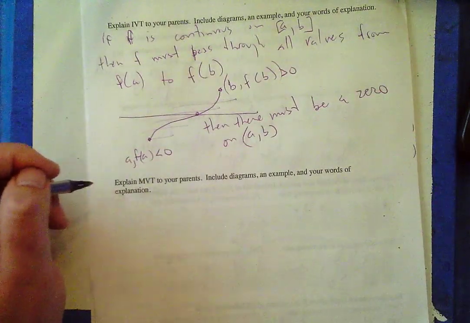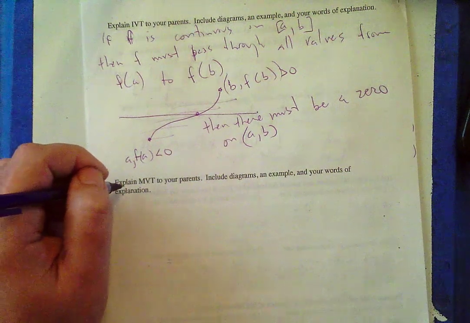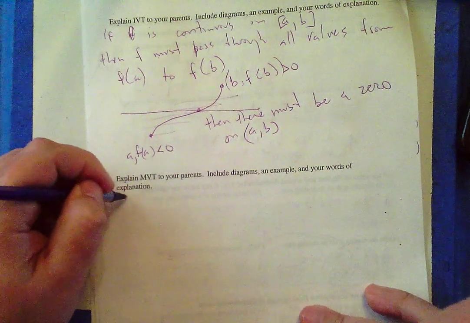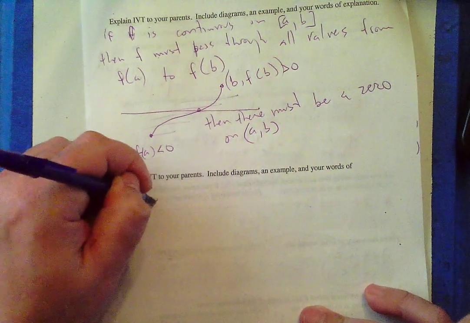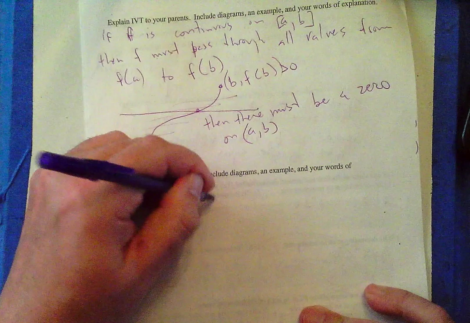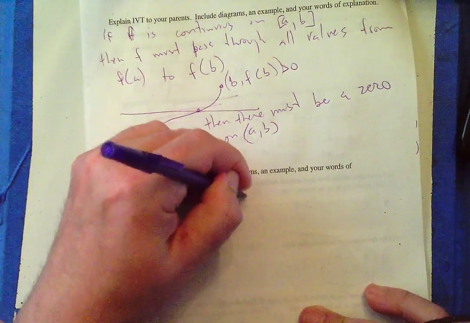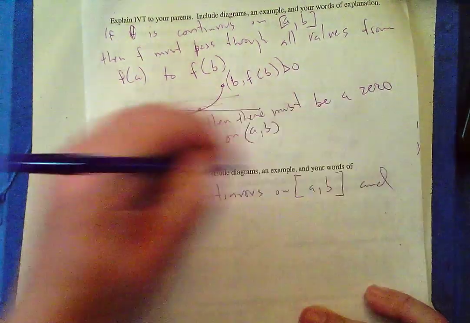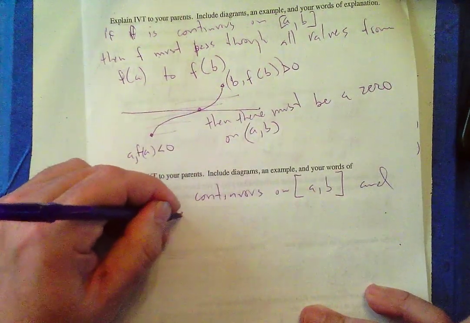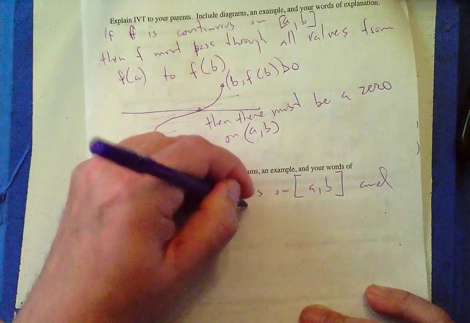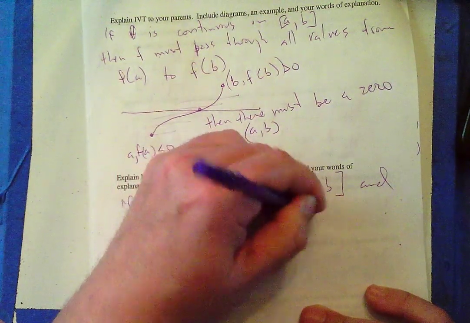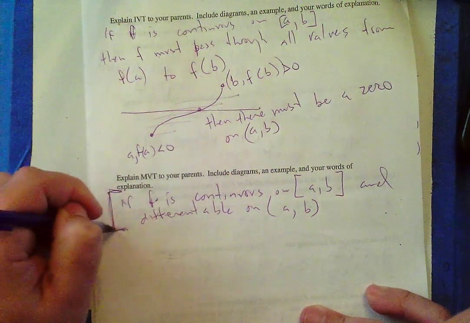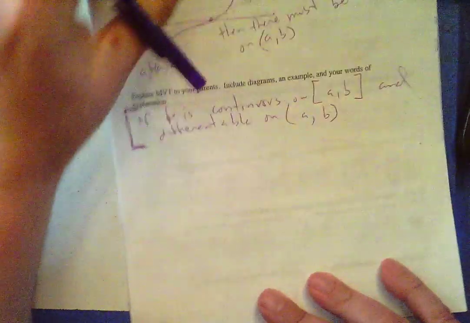Okay, and then MVT. Well, let's take a look at MVT. So with MVT, we've got two preconditions. If f is continuous on the closed interval a to b and differentiable on the open interval from a to b. We need to address these when we're doing MVT problems on the AP exam.